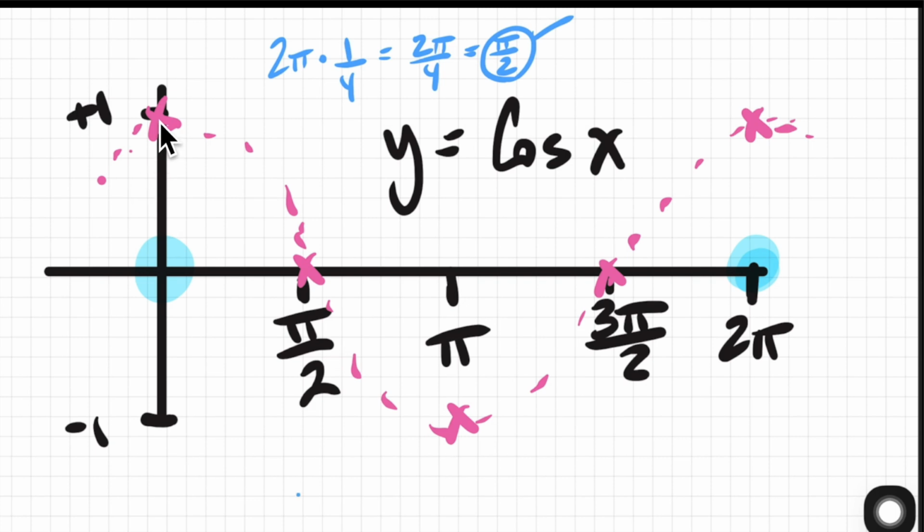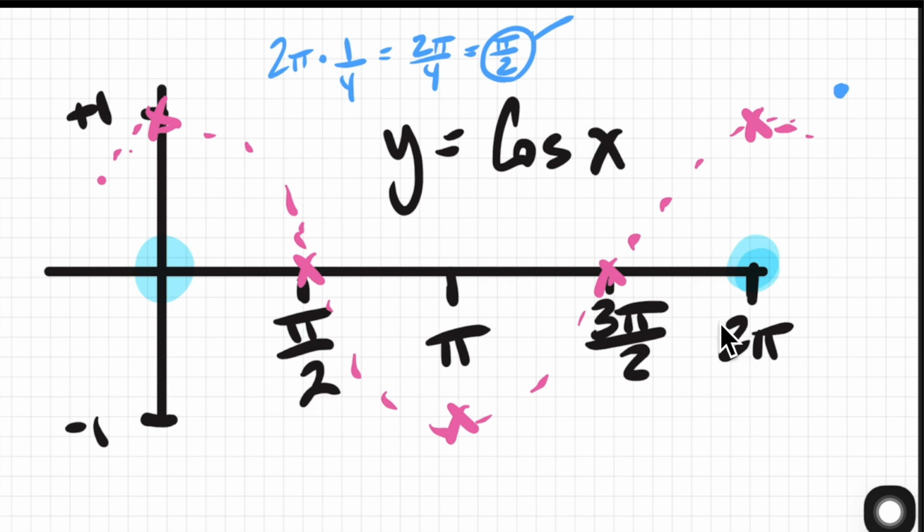We start out at the maximum for the cosine. 1/4 of a period later, we're at the middle. 1/4 of a period, we're at the minimum. Then the middle, then the maximum. So the whole idea when you graph sinusoidal functions or transformations thereof is to get it split up 1/4 of a period.